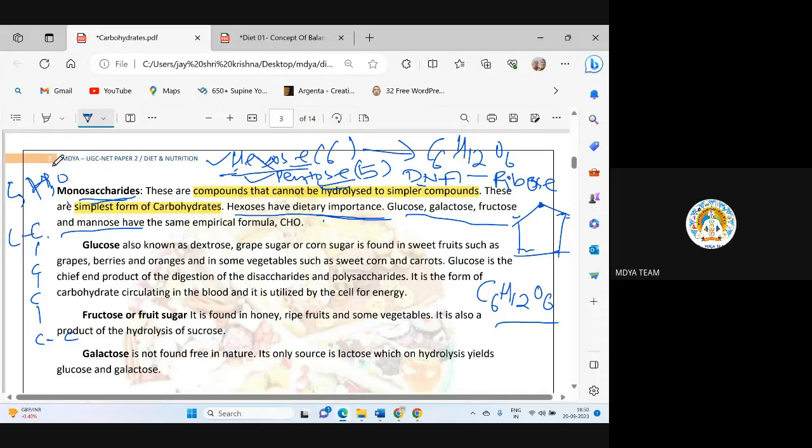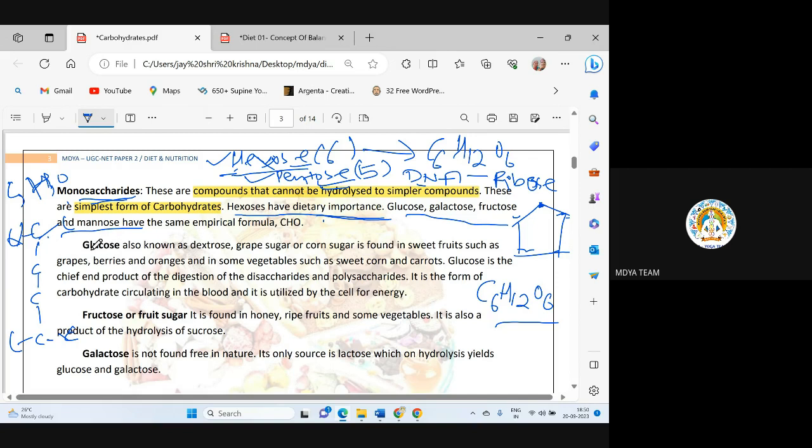In fructose, the carbon structure can be like this. It can't be here. It can be like this. So these all have a common chemical formula, but they all have different structures, and these all are hexoses: glucose, galactose, fructose, mannose, and they all have different sources.